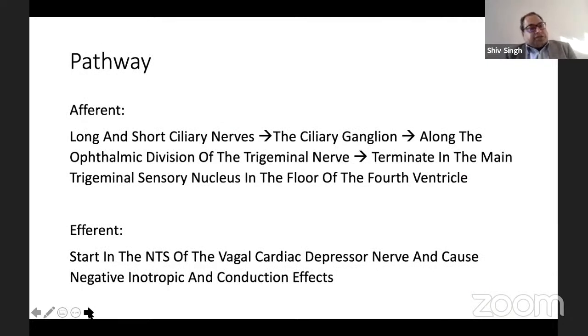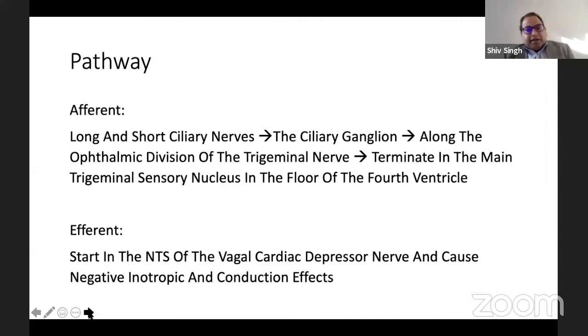So, like I said, afferents come through the long and short ciliary nerve, pass through the ciliary ganglia along the ophthalmic division of the trigeminal nerve, and then terminate in the main trigeminal sensory nucleus in the floor of the fourth ventricle. So the integration occurs in the medulla, and the efferents then pass.